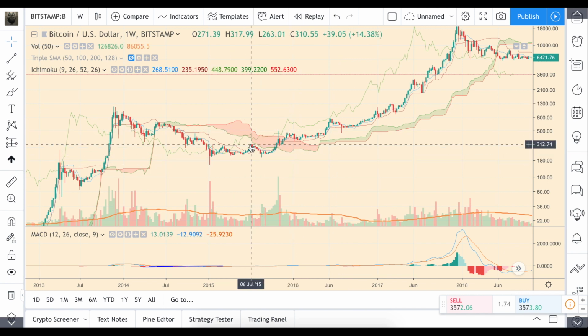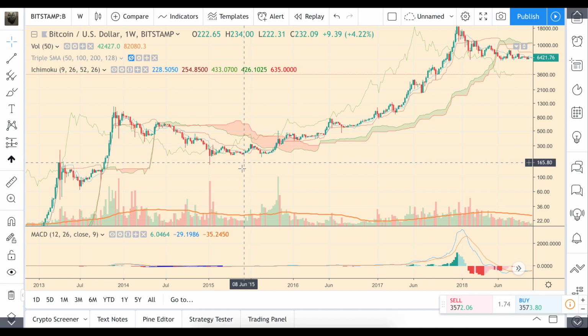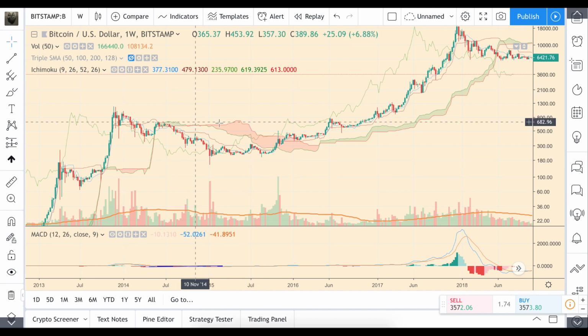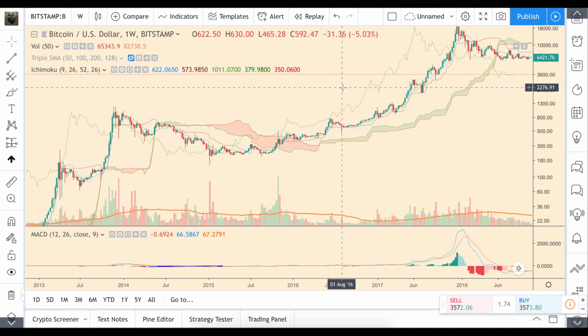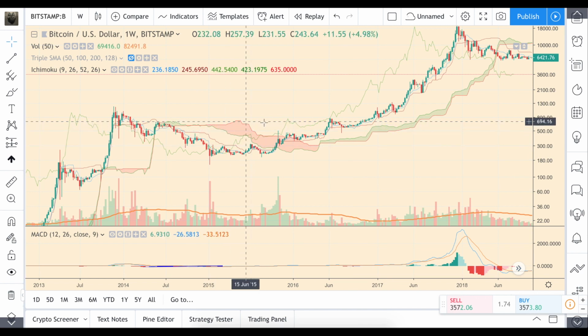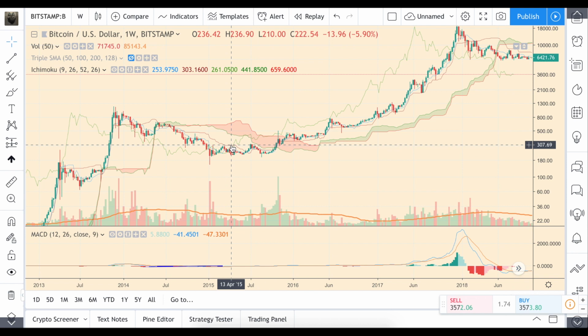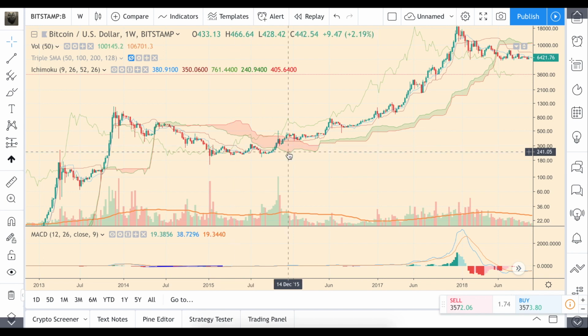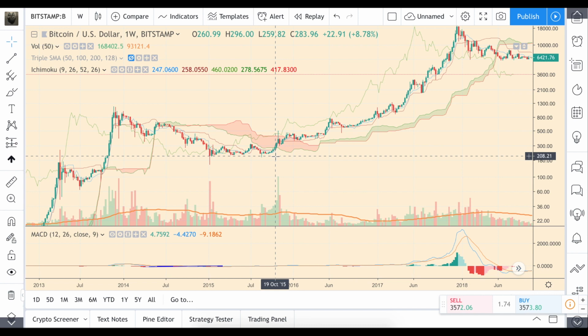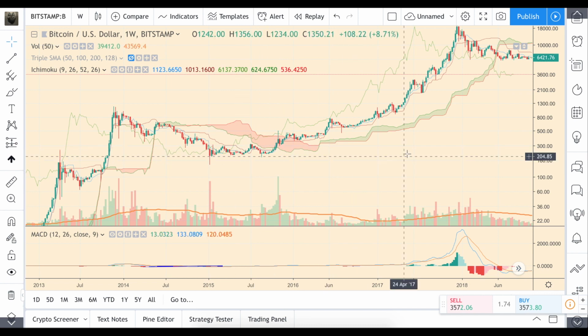If you're not familiar with this indicator, what is happening is that you have several lines here and a sort of cloud. This is the red cloud, this is the green cloud, and the lines are modifications of moving averages and derivatives of those moving averages, and you can have certain buy and sell signals and also an indication of the trend of the price.